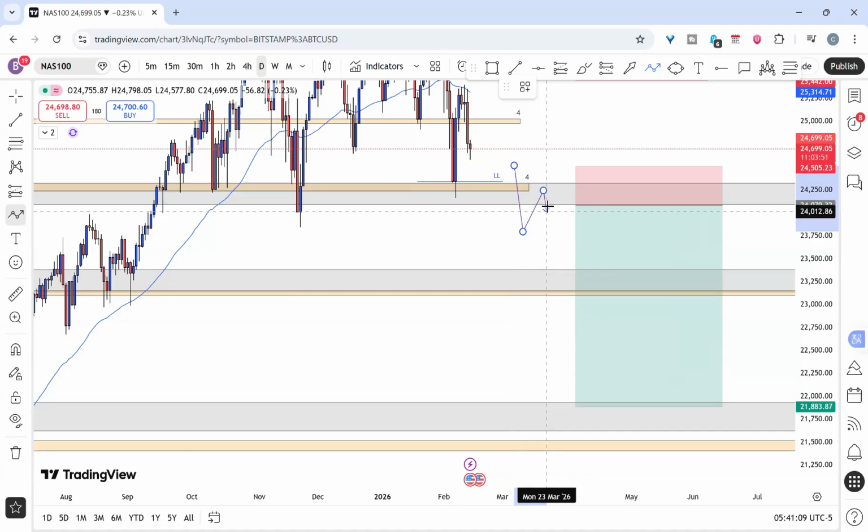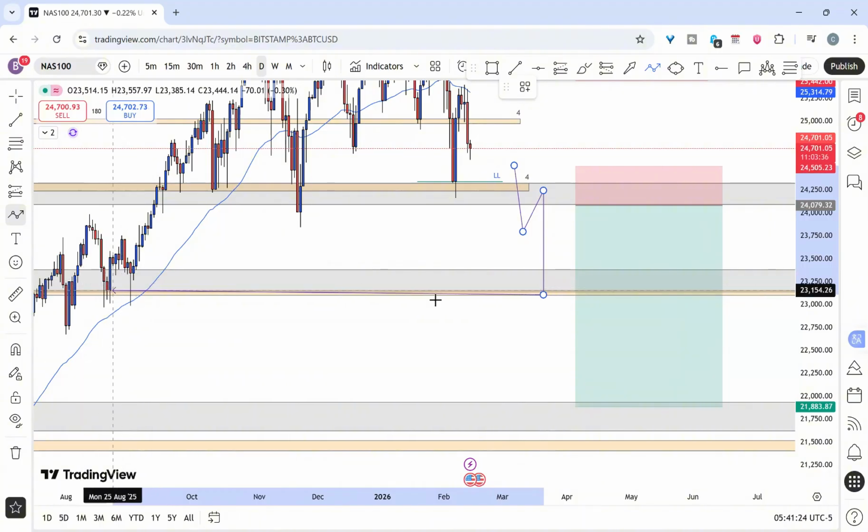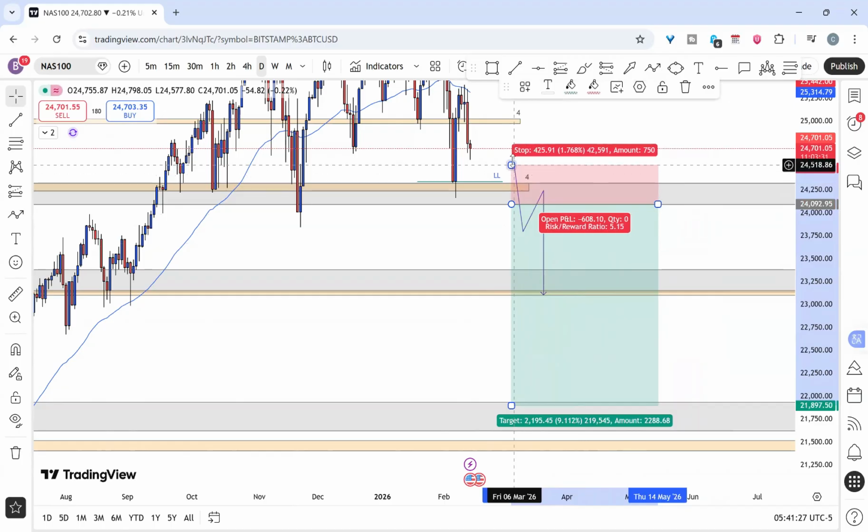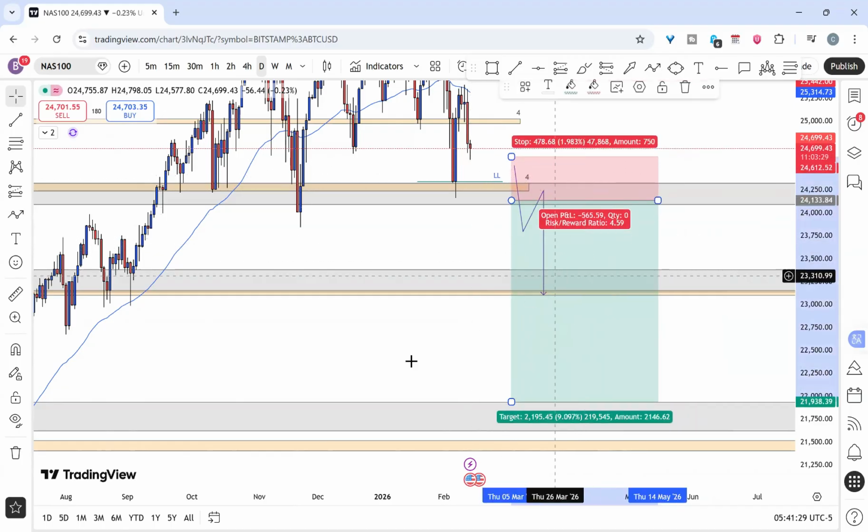And once I have a bearish engulfing candle, which is preferably on the daily or the 4 hour time frame, then it will push further down to the next support level. Okay, so this is my strategy to short Nasdaq.